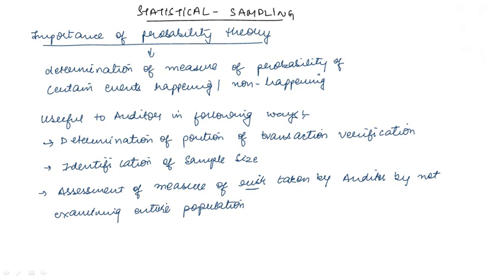After that, the identification of sample size: what is going to be the exact sample, and what portion of transactions will be verified. You have divided it into two parts: this part we are going to verify and this part we will not verify.